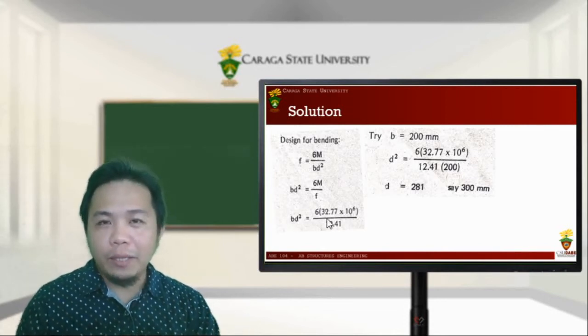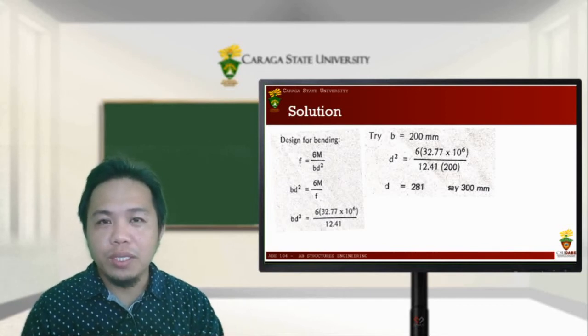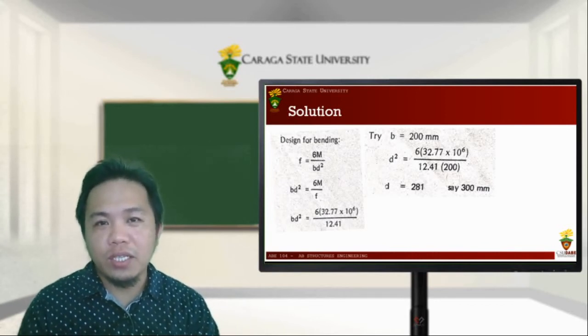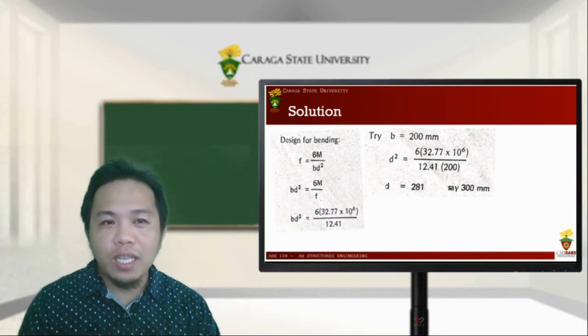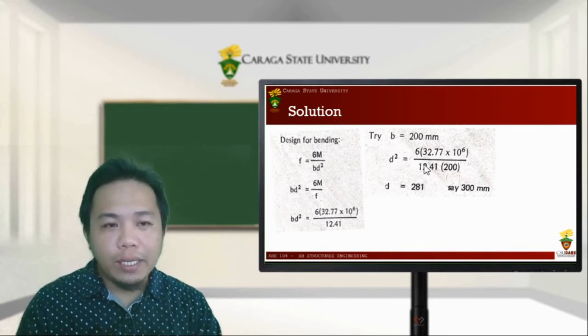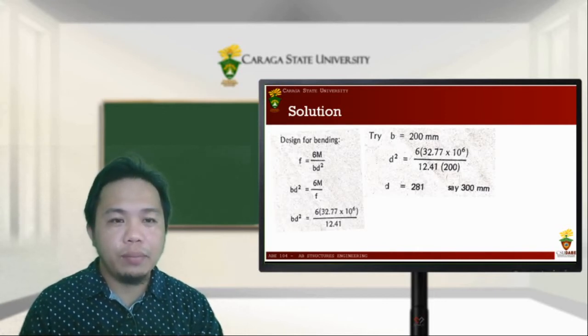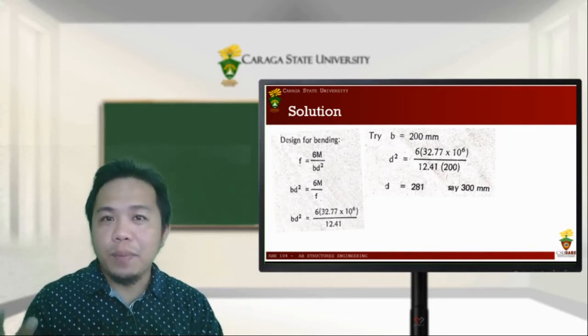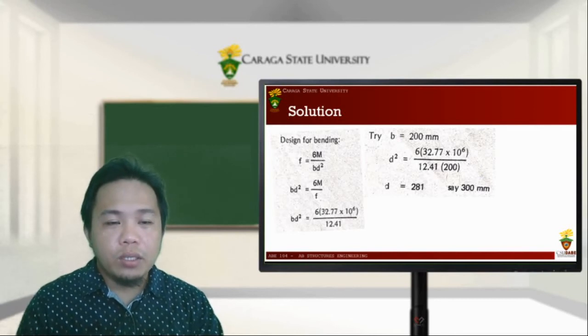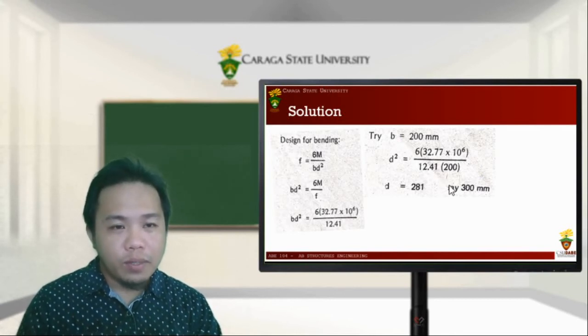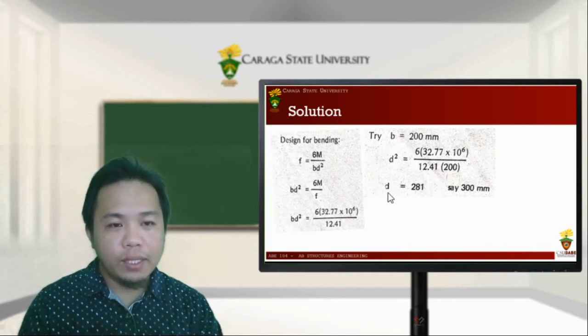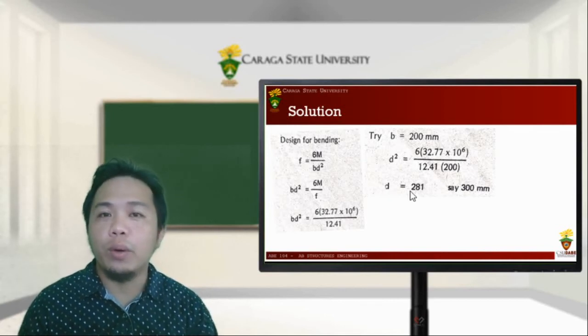Okay, since we're designing, again, recall in your structural loads that we need to specify the size of our structural elements. This time, we will assume. So let's say that we will try, what if the width of our beam is 200? So what is the corresponding depth? So by substitution, you can find that D is just equal to 281.